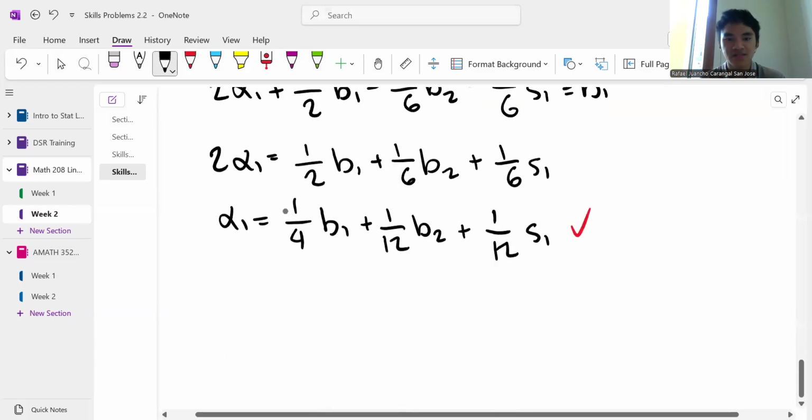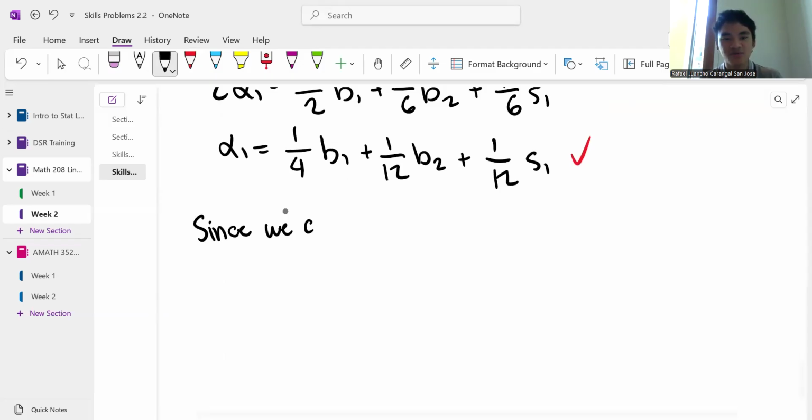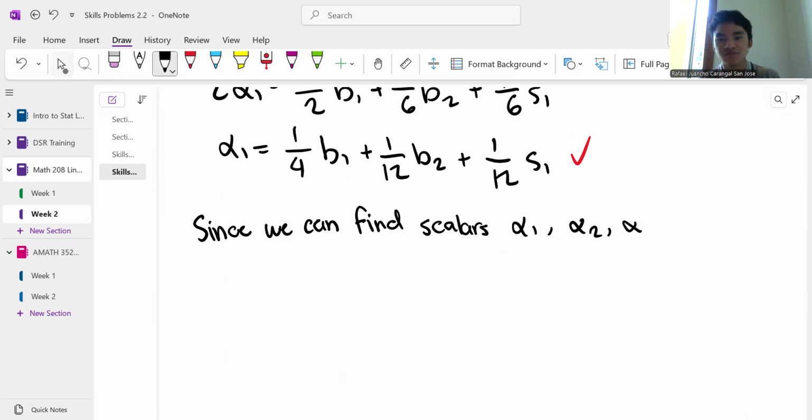So the reasoning behind it is we didn't really end up with no solutions or anything, but since we can find these scalars, alpha sub 1, alpha sub 2, alpha sub 3, all they're real numbers, column span in R3.